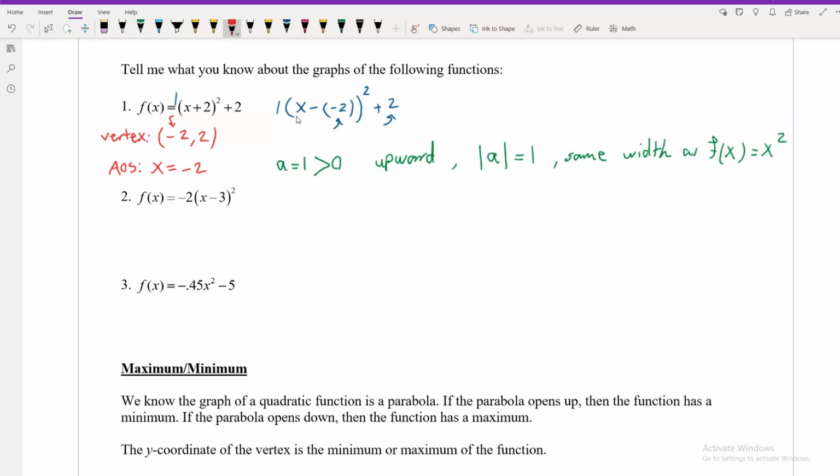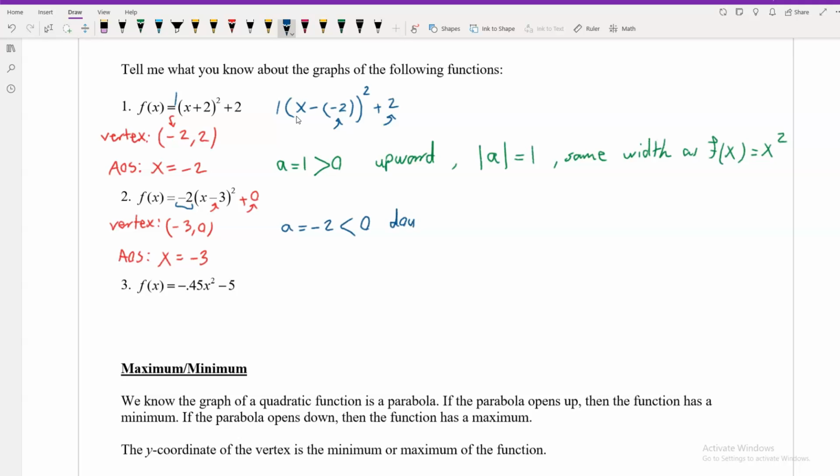Next one, negative 2 times x minus 3 squared. Here we have plus 0. So that means the vertex is negative 3, comma 0. Axis of symmetry, x equal to negative 3. And then here we have a is negative 2, that is less than 0.